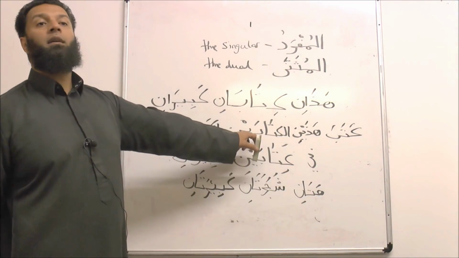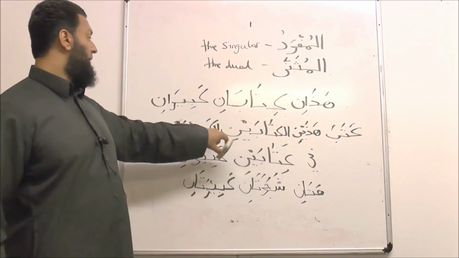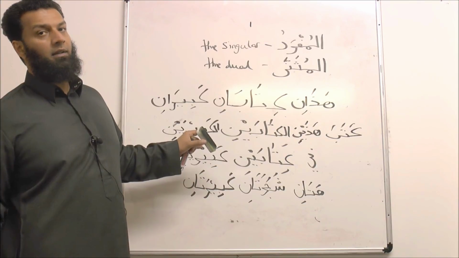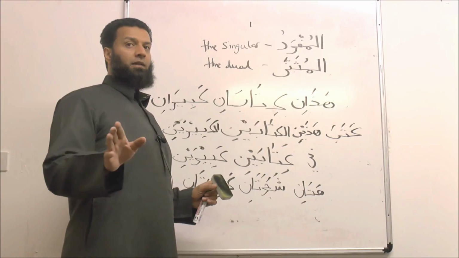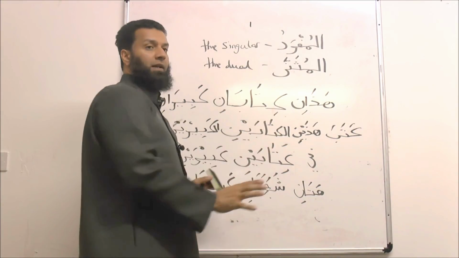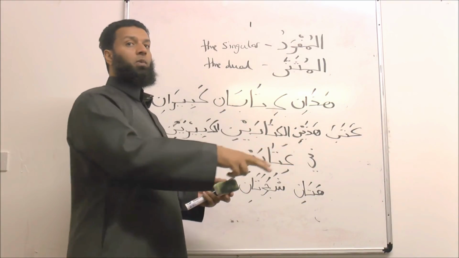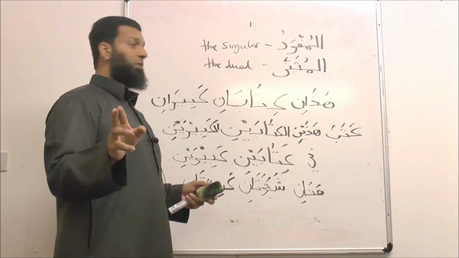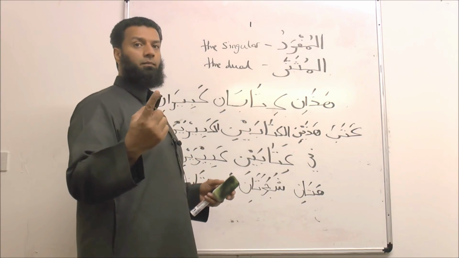Therefore it is mansub, and the adjective that describes al-kitabaini is also mansub. Akhlaq? We haven't done that particular rule yet. But whether we say he wrote these two or he wrote these two books, you know what I'm referring to. That's why both of them take the same ruling.